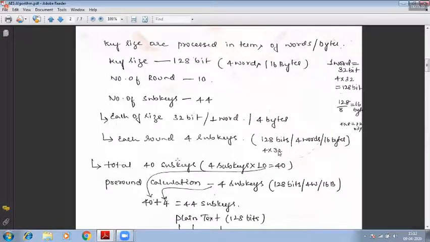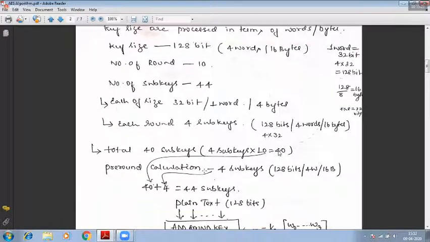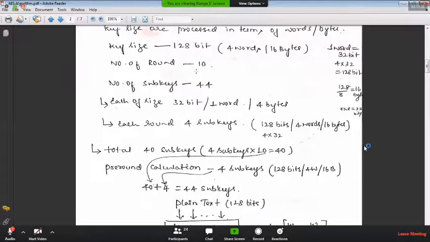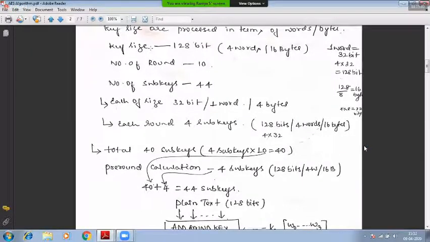But 4 subkeys are also used for the pre-round calculation. Adding those 4 subkeys, I have 44 subkeys in total. This is the idea behind the number of subkeys in the AES algorithm, with 10 rounds and a key size of 128.